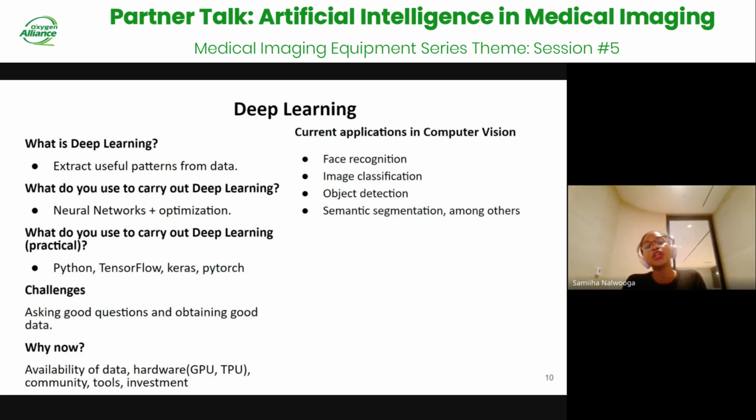So now let's talk about the current applications of computer vision. Computer vision, like I said, is AI that sees. It can be applied in several tasks. One of them is face recognition. If you've seen any device that is able to recognize your face, that is computer vision.